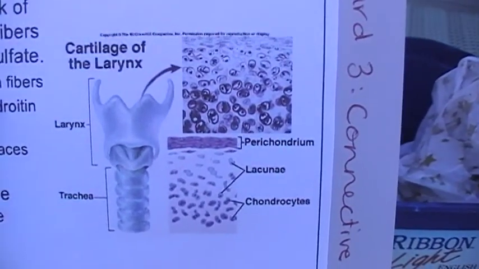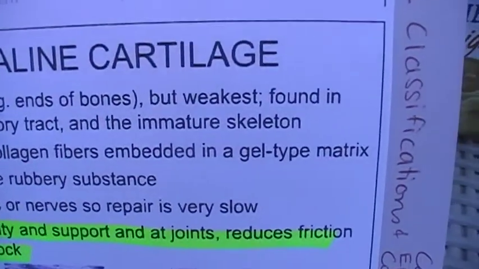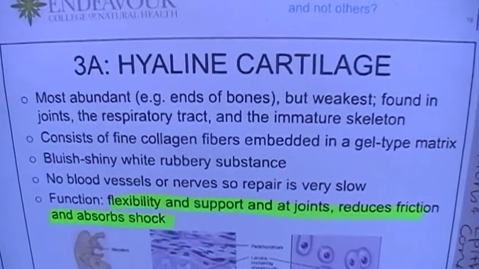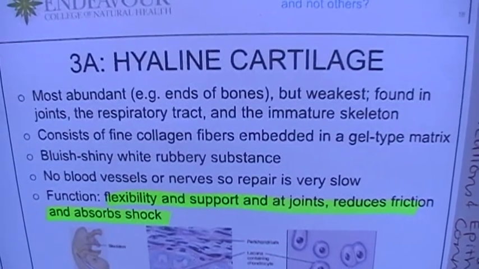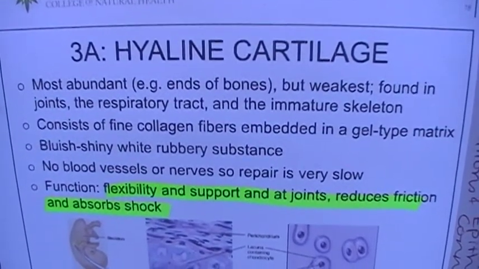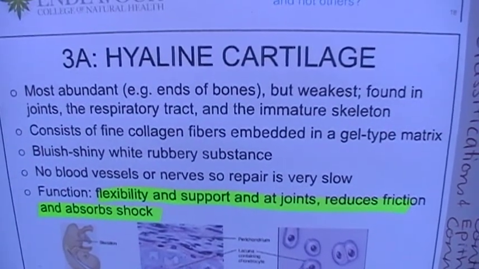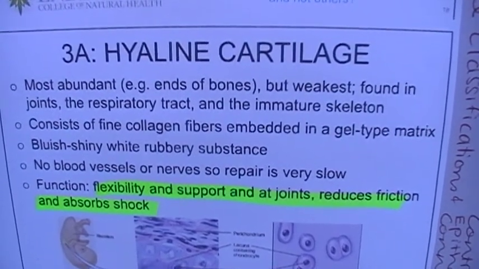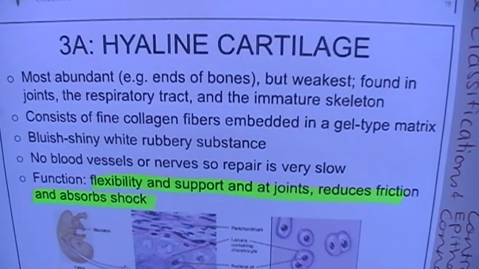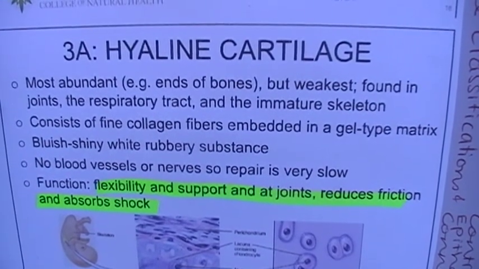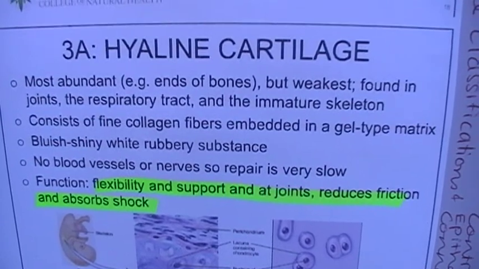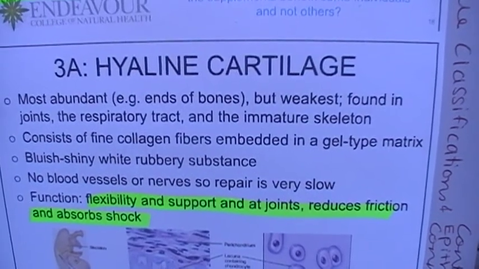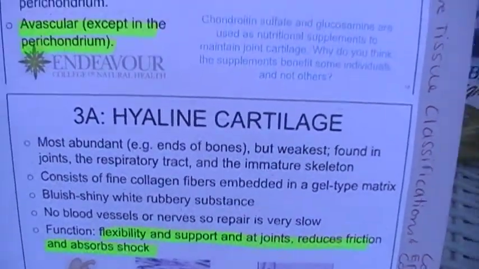And we have cartilage in the larynx, for example. Here's one type of cartilage. The most abundant but weakest, it is found at the ends of bones, the respiratory tract, and the immature skeleton. No blood vessels or nerves. It provides flexibility and support at joints, reduces friction, and absorbs shock.